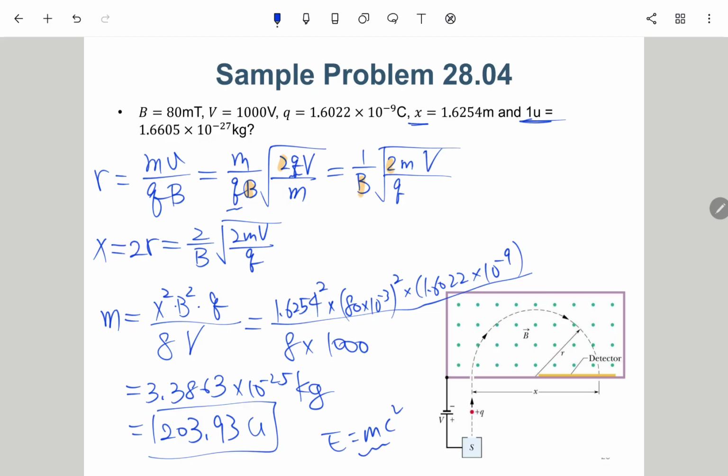For any element that has a higher index than iron, we will have nuclear fission, 核裂变, which releases some mass, so some mass will be transferred to energy. For an element with a lower index than iron, it will have nuclear fusion, 核聚变.